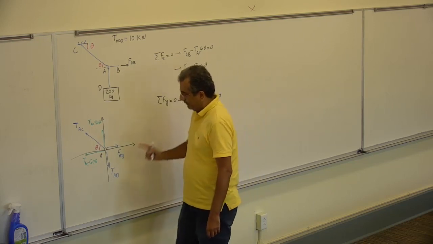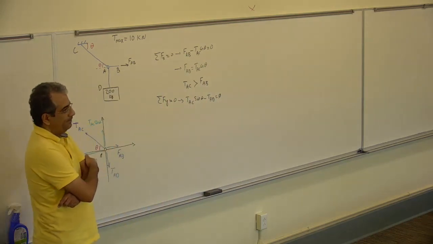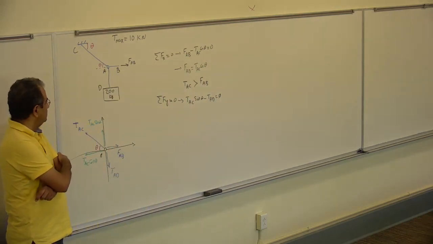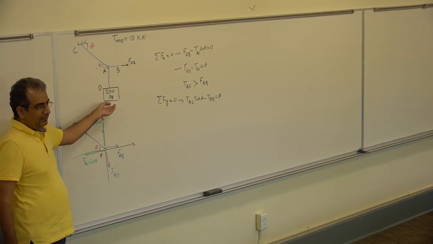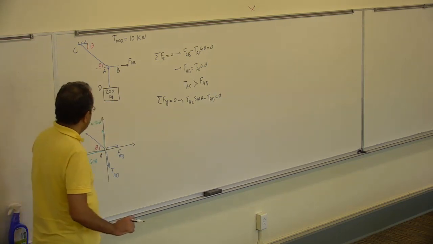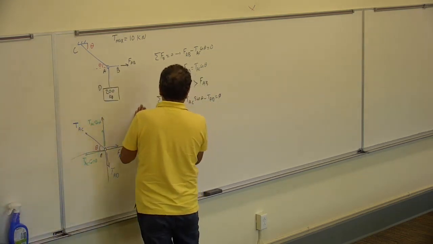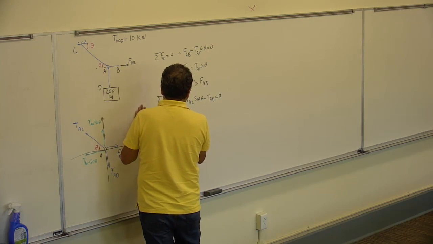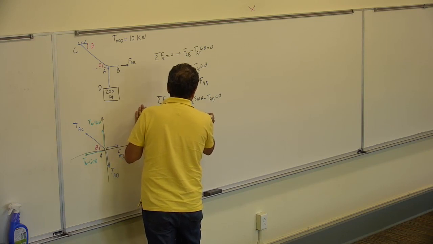How much is TAD? It's the weight, so it's 200 times 9.81, which is 1962. So TAC sine theta minus TAD, which is 9.81 times 200, will be 0.